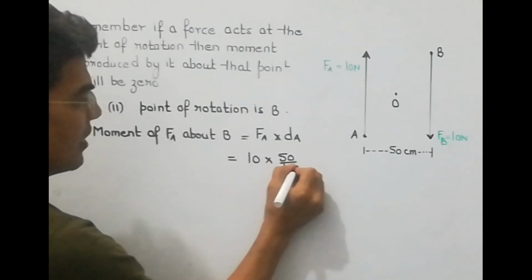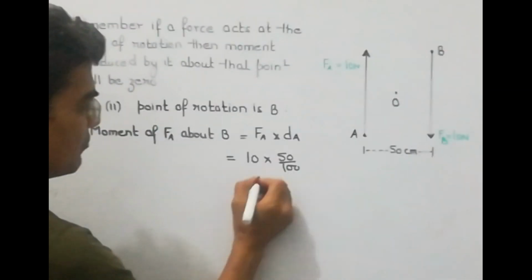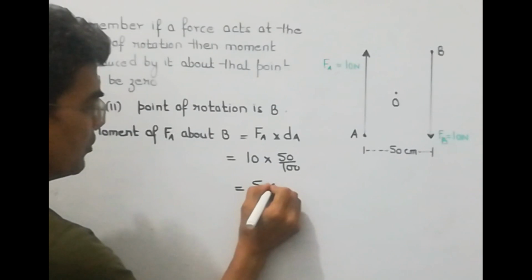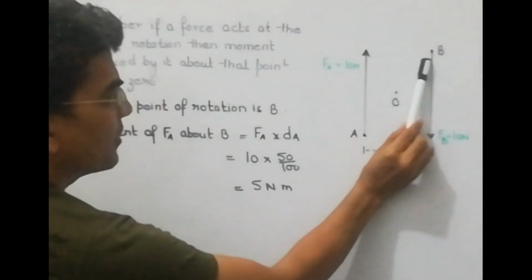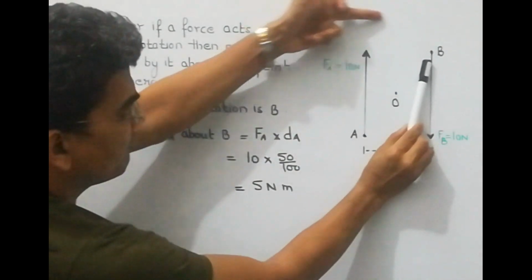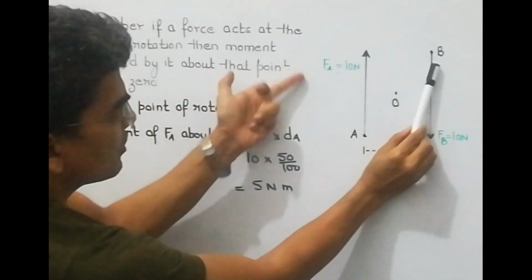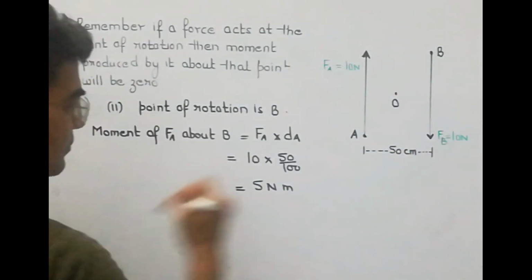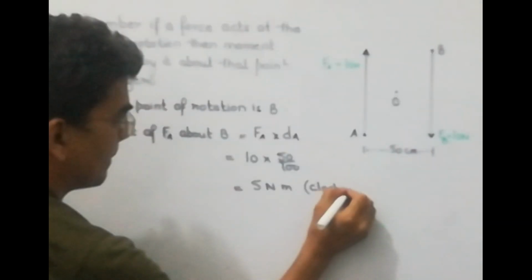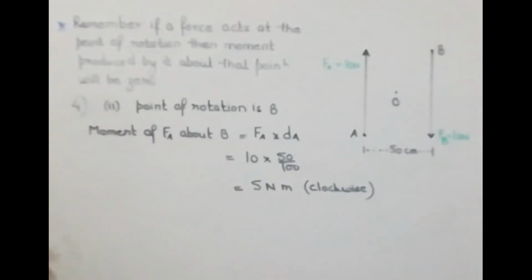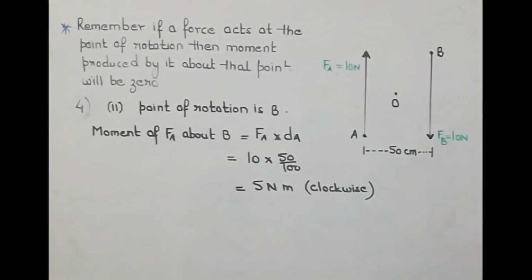So 50 by 100, that will give you 5 Newton meter. Now about B, this is the point B, and this force, if you go this way, it is producing clockwise moment. So the moment produced by Fa about B will be 5 Newton meter.